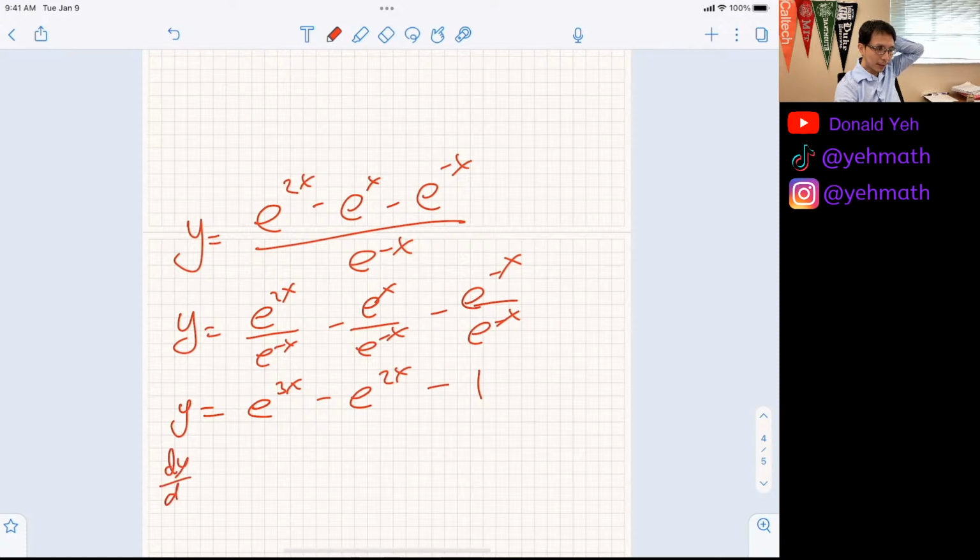So dy/dx is 3e to the 3x minus 2e to the 2x minus 0. You know that, so you don't have to use that law. Something like 4 to the x calculation.